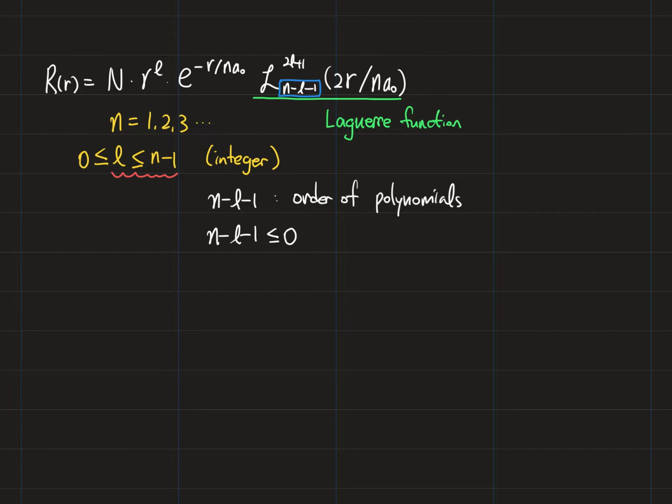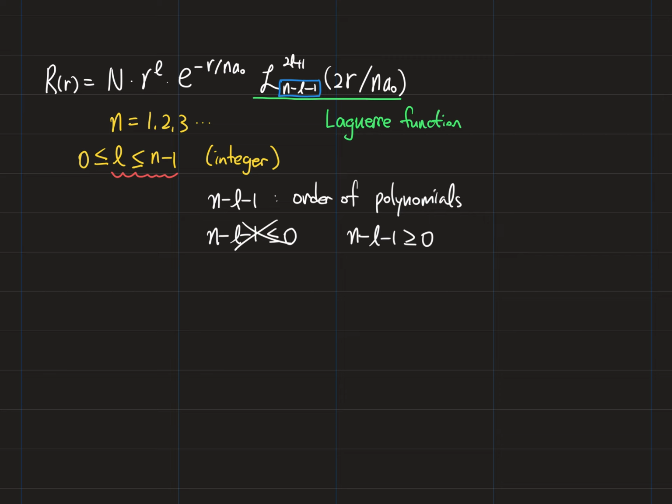If it is less than 0, the polynomial could not exist, and we just have the 0 number. So there is physically no meaningful solution for the radial function. So it doesn't make sense. So n minus l minus 1 should always be greater than or equal to 0.